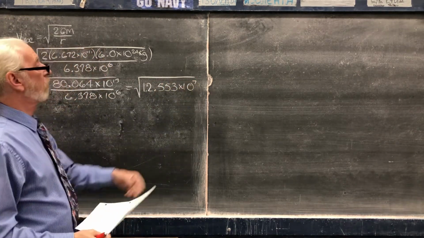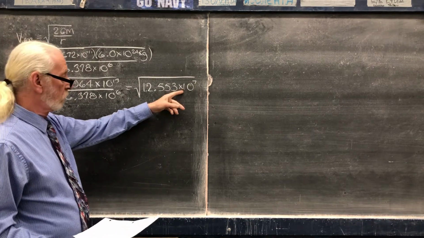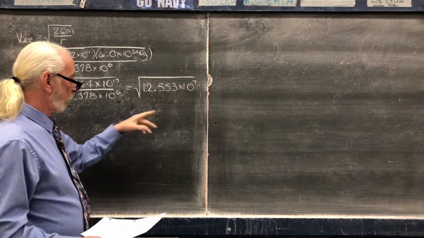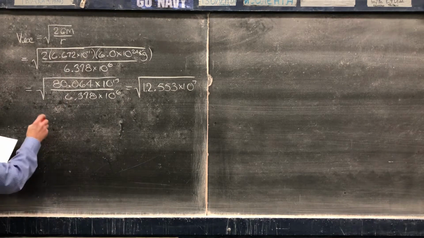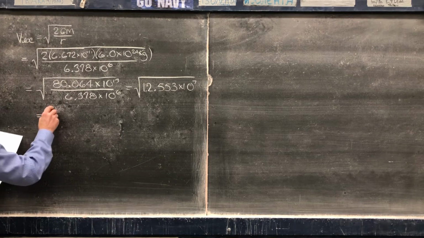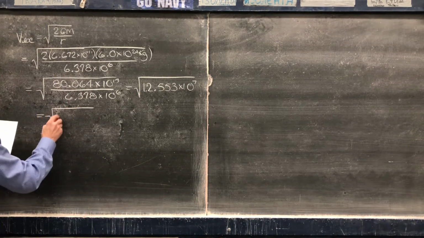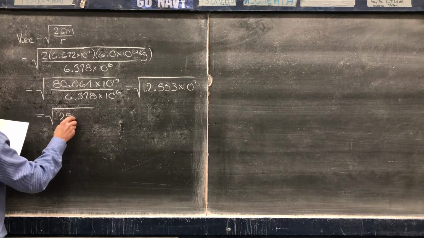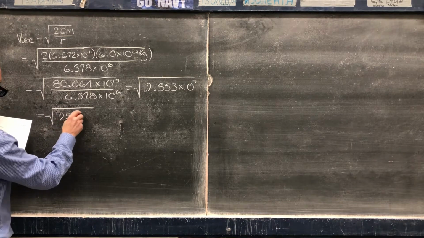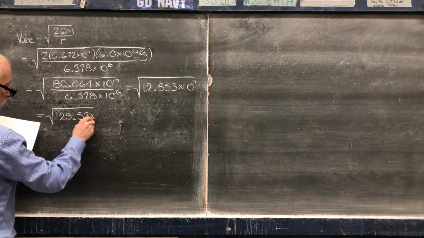And this time we're going to go ahead and cheat. We're not going to get into fractional exponents. So we'll go ahead and cheat, and we're going to change that to 125.53 times 10 to the 6th.